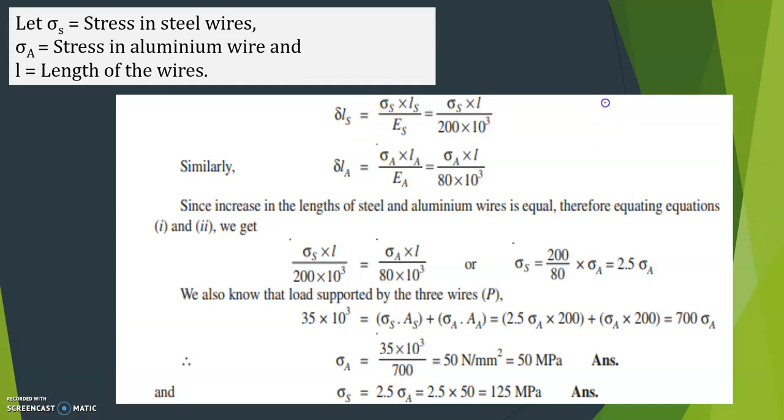So deformation is equal to PL divided by A into E, right?